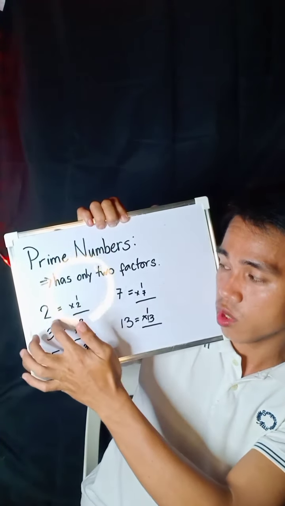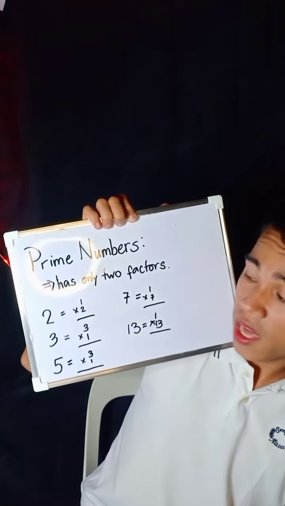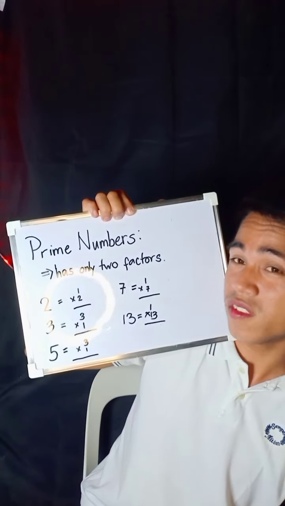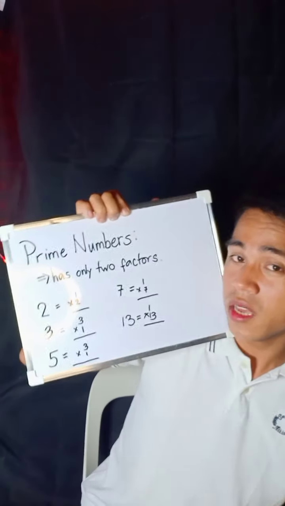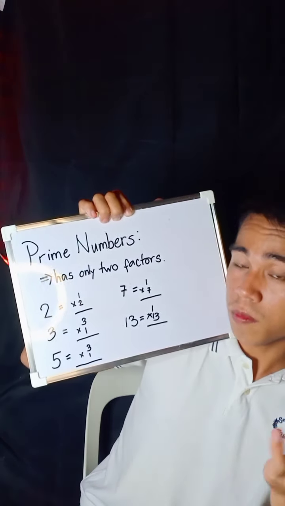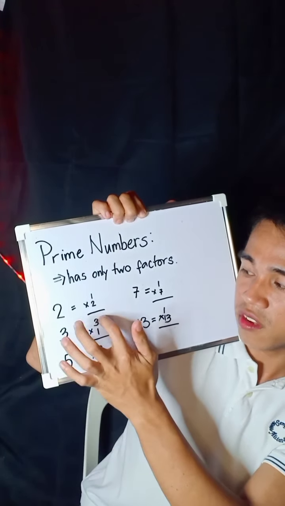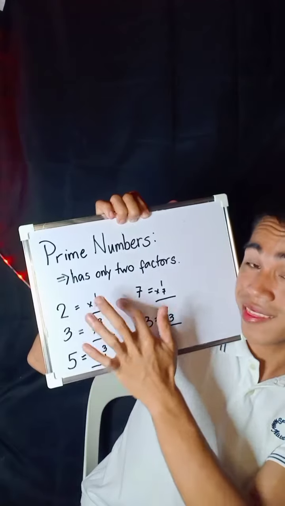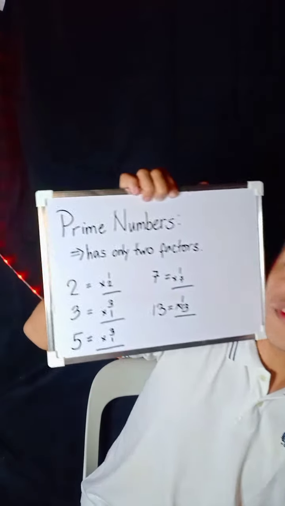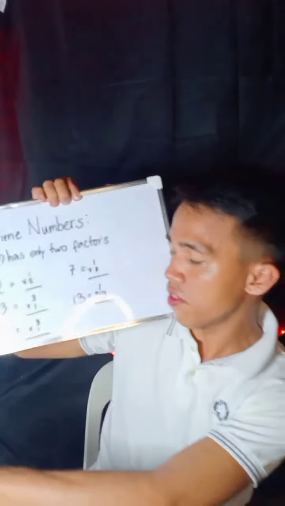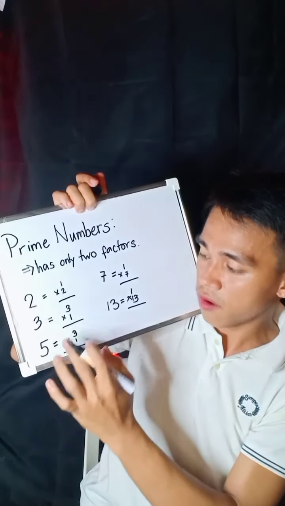1 times 2 equals 2. And also with 3. There are only two numbers that you can use to multiply to get the product of 3. So there's 3 times 1 or 1 times 3. Also with 5.